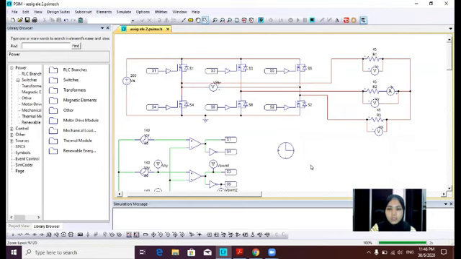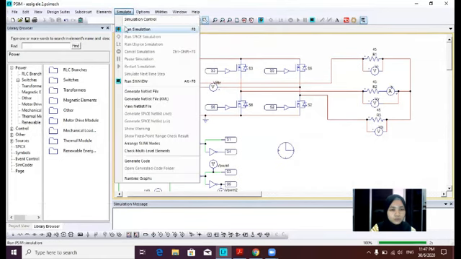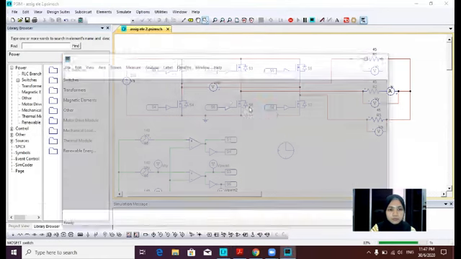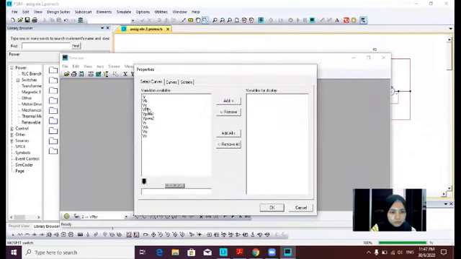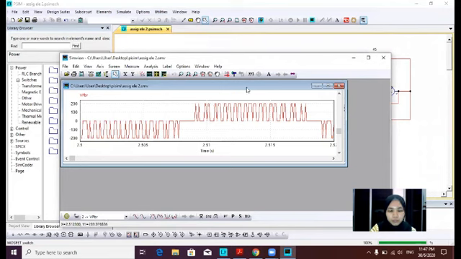Question F is to find the harmonic spectrum of VBR by adjusting the x-axis. VBR is here. I'm going to simulate to show the harmonic spectrum. To get the harmonic spectrum, we need to press the FFT.